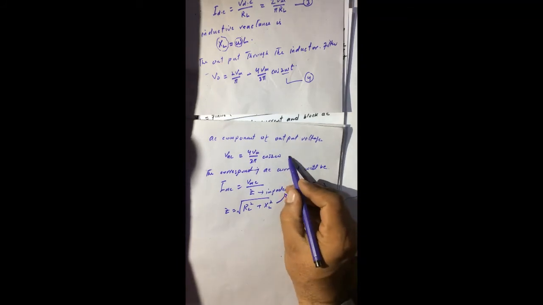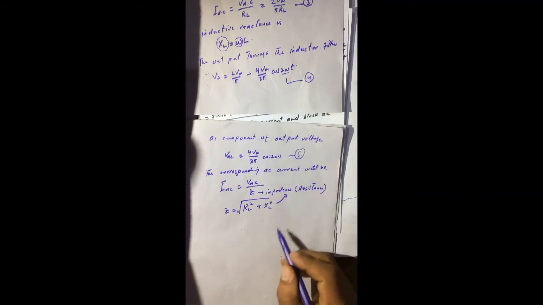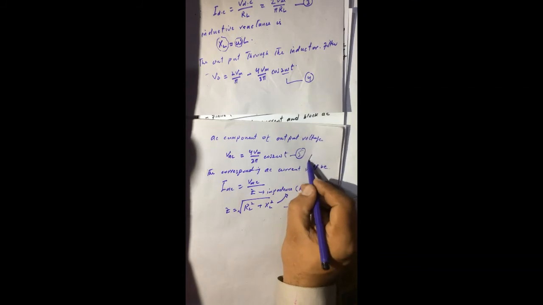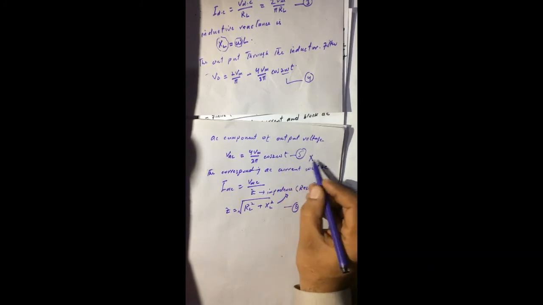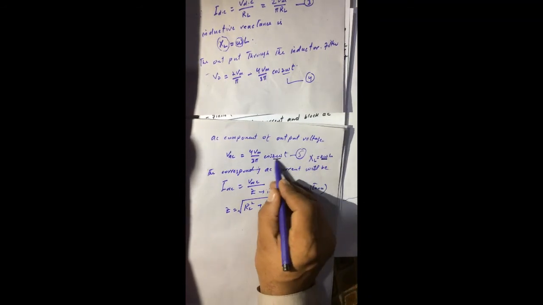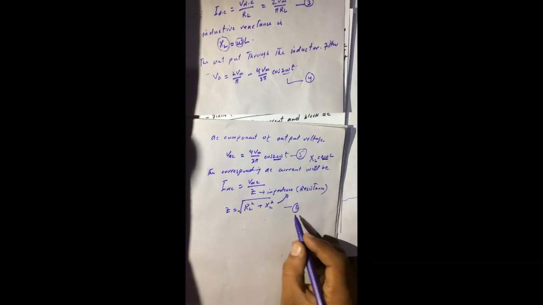I call this equation number 5, and this is equation number 6. For this term, the frequency is 2 omega, so the inductive reactance XL will be 2 omega L, because instead of frequency omega we put 2 omega.